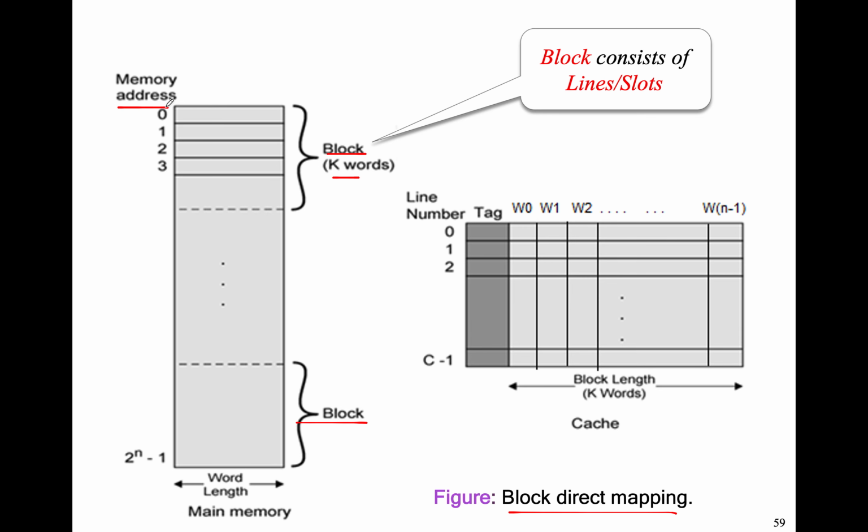You can see you have the memory address, and you can also have the tables or the picture that look like this. This is the block direct mapping. You have the line numbers. This is for the cache, and this is for the main memory. So you have the tag and also the word itself.